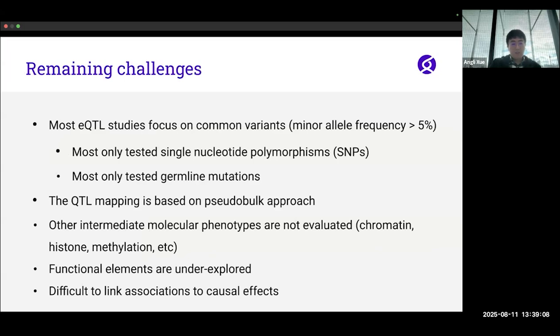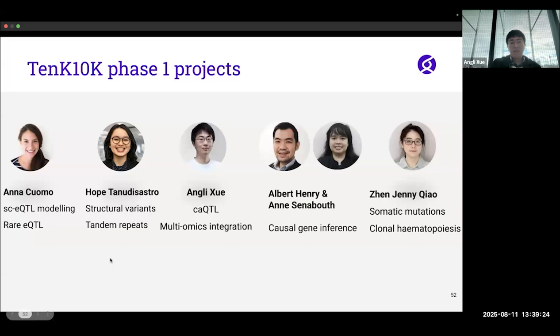So as I introduced in the beginning, there are a lot of remaining challenges. In this multi-omics project, we only address 3 questions, but we also have another 4 projects in TenK10K phase 1 to answer the first 2 questions. So there are 5 studies led by 6 people. Anna is focused on modeling single-cell eQTL and identifying rare associations between genetic variants and expression.